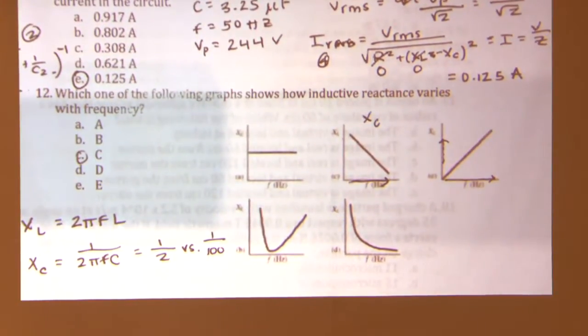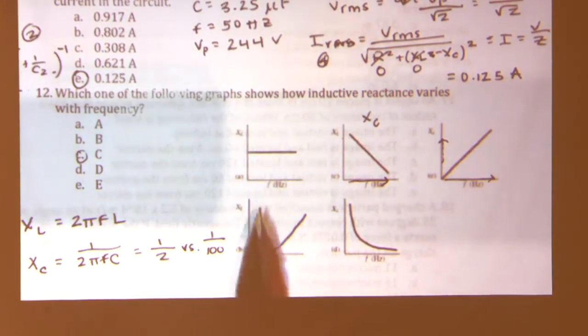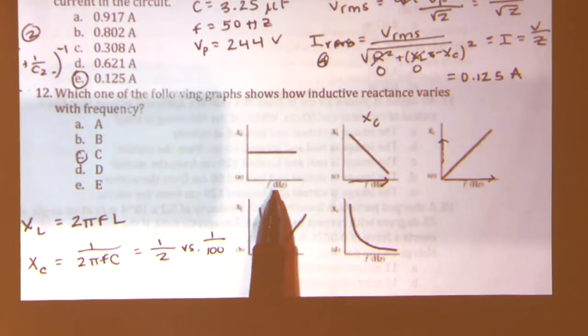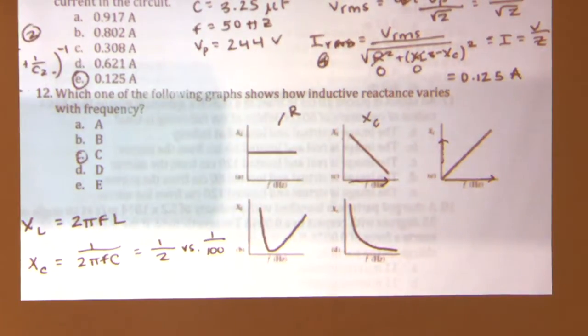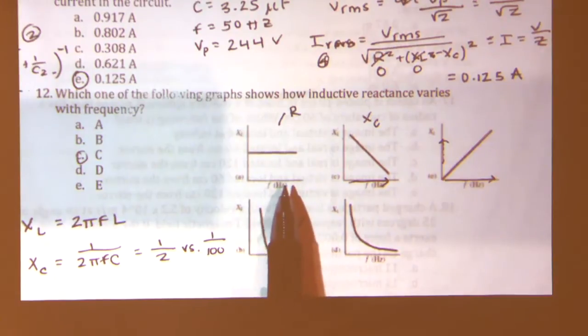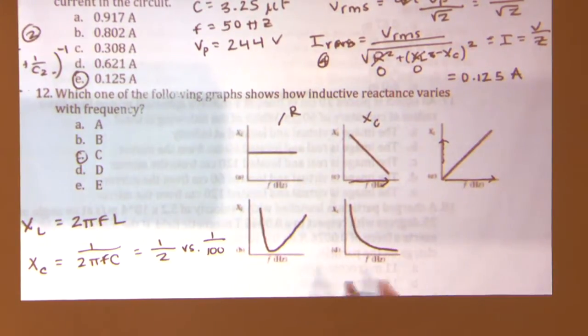And for graph A, this is actually going to be the graph of resistance, because resistance is not affected by the frequency at all. Resistance is just resistance.